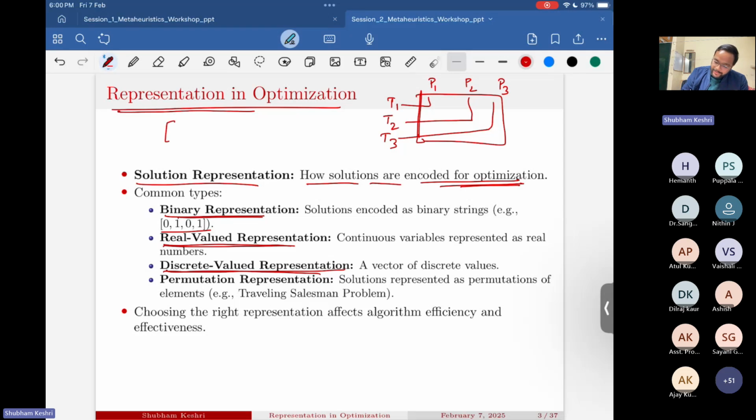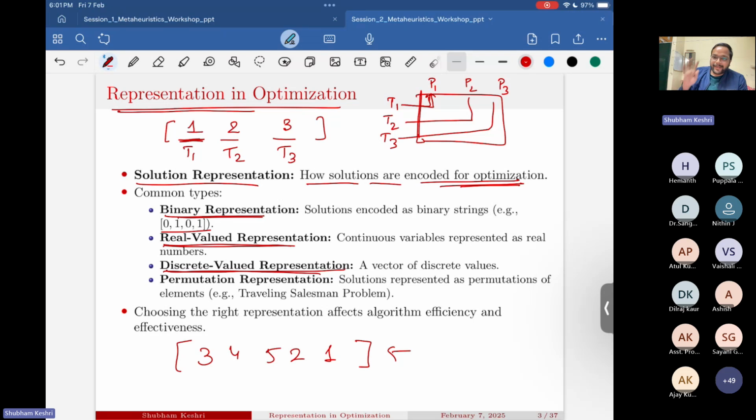So you can have a vector of 3 values, and you can say this represents task 1, this represents task 2, and this represents task 3. Whatever this task 1 index takes, that is the person it is assigned to. So over here task 1 is assigned to person 1, so it will take value 1. Task 2 is assigned to person 2, it will take value 2, and task 3 is assigned to person 3, it takes value 3. Again, if I write like this, 3, 4, 5, 2, 1.